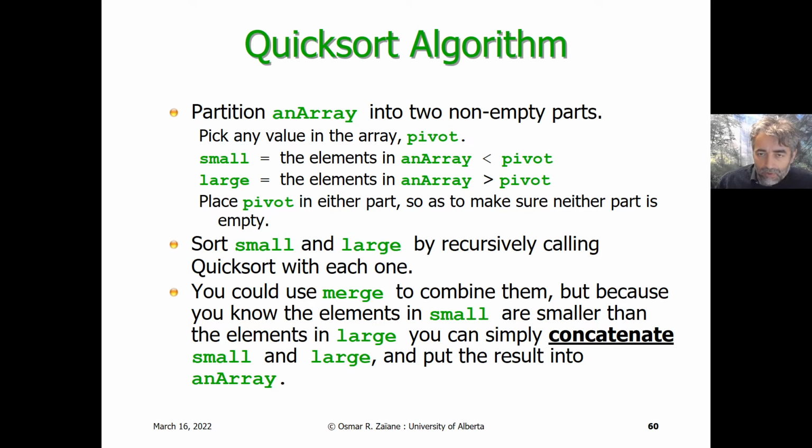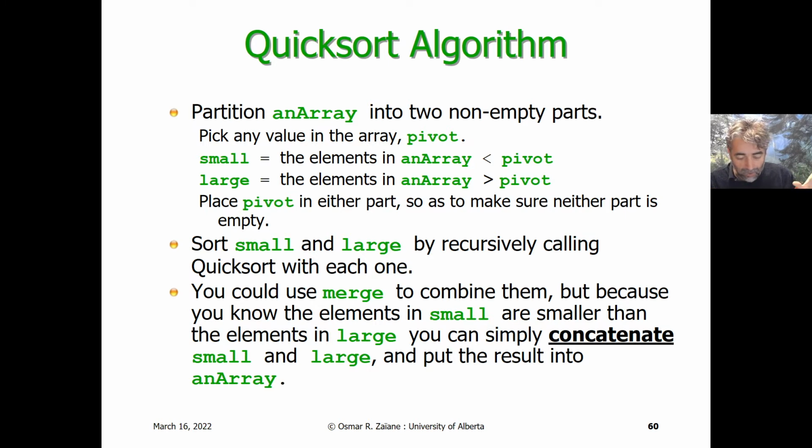QuickSort operates by partitioning an array. I'm given again an array of elements that I need to sort in ascending order. I will partition it into two non-empty parts around what we call a pivot. The pivot is a central point that we select among the elements in the container, and we put it in the right place such that it sits between two partitions.